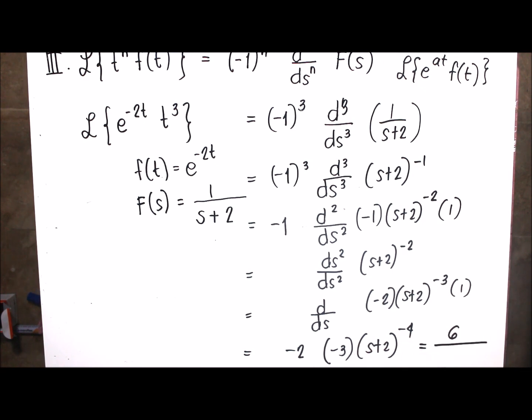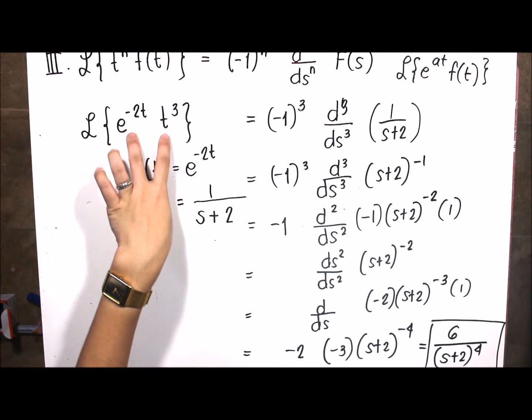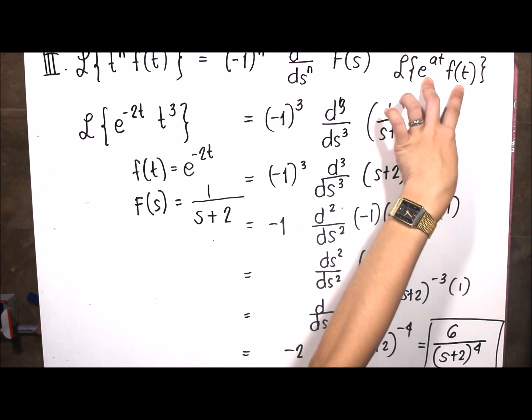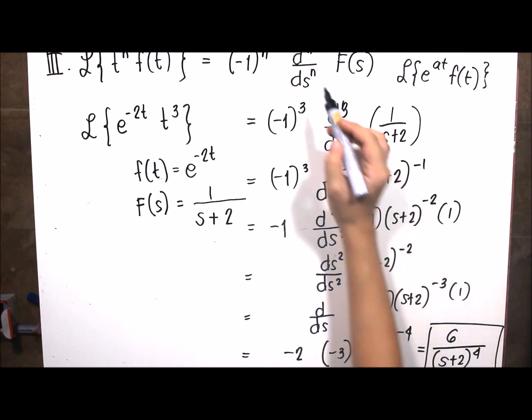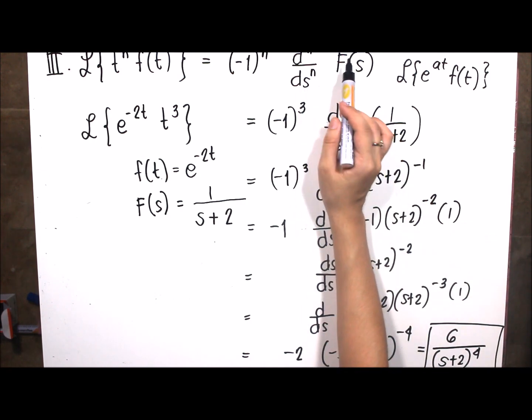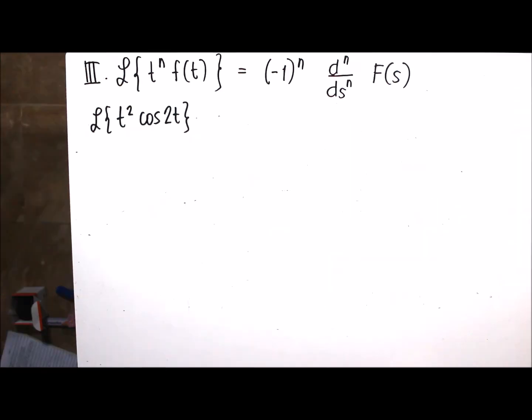Bringing this down to make it positive, we have s plus 2 raised to 4. Which is the same answer when we solve for this example using the other formula. The difference is that this one is easier compared to that solution because we are only taking derivatives with this kind of solution.